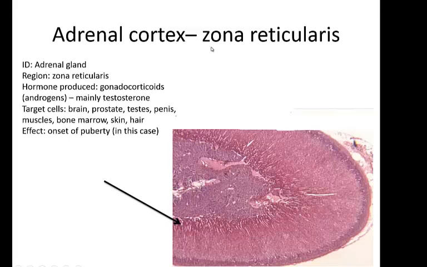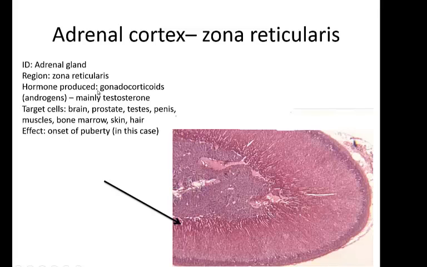But on this slide we're going to focus just on the zona reticularis. So if you see this on Lab Practical Day, you would identify this as the adrenal gland, but then you need to put specifically that this is the zona reticularis. So this is an additional identification for the adrenal gland. So we've got the zona reticularis here, and what is the hormone produced here?